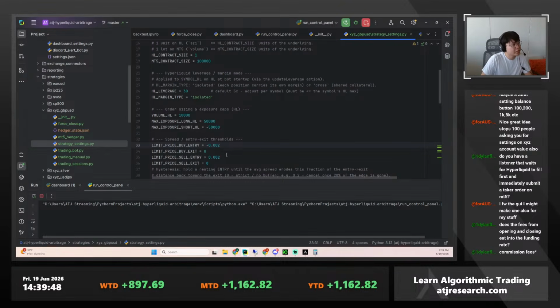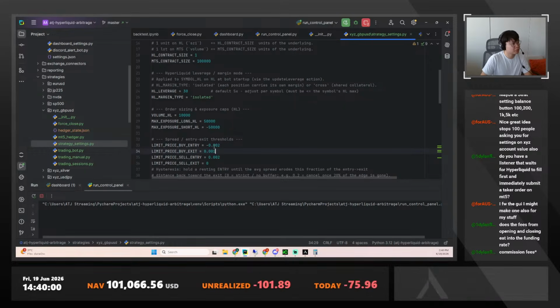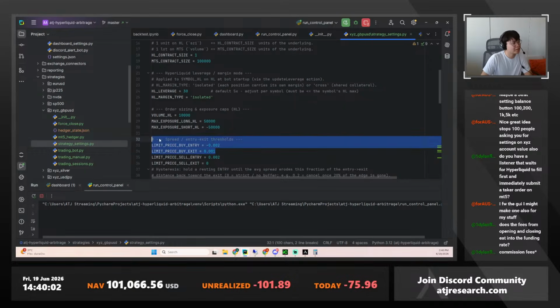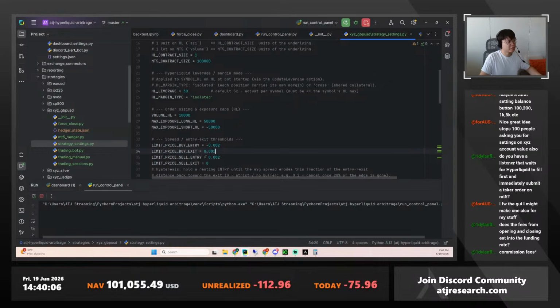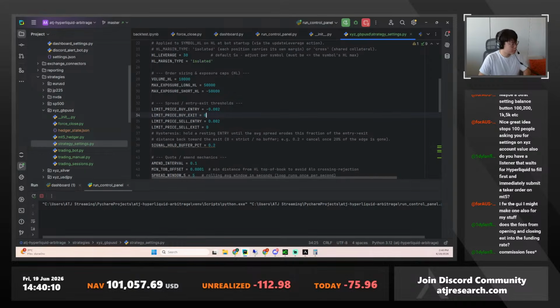So in theory, we can create a strategy that looks like this and it would still be profitable in my opinion. But now because the funding rates are so high, I'm just going to keep it like this. In theory, I could exit at 0.001, right? So I could also find a faster exit, and as a result I can scalp much faster. But let's leave it at 0 and then see what we do later with it.